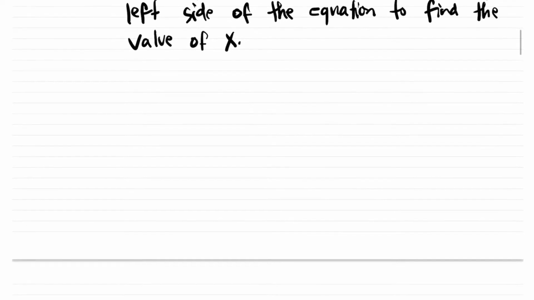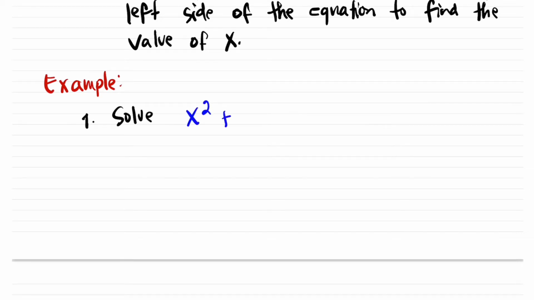So let's have an example where we are going to apply the steps. Okay, now we have number 1, solve x squared plus 4x plus 1 is equal to 0.